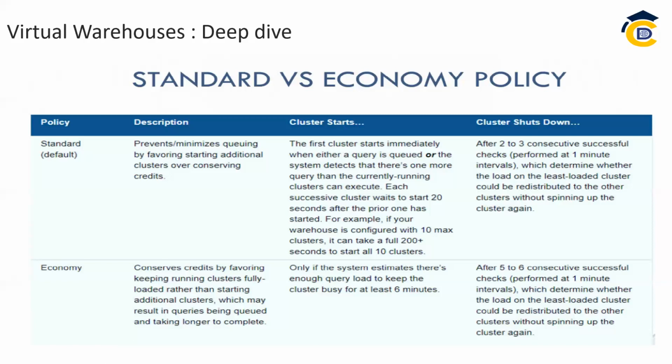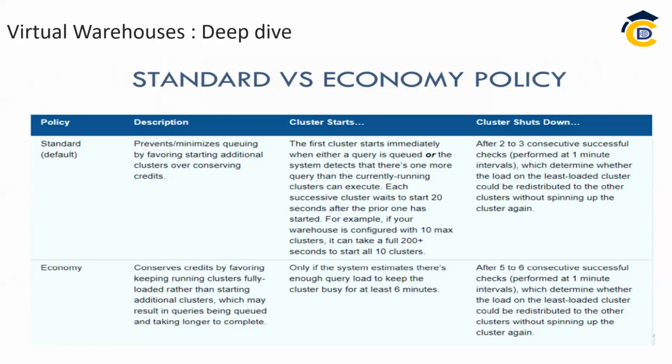Storage is not in credits; storage is either on-demand or pre-purchase in dollar amounts. But warehouse or compute resources are in terms of credits. The amount of usage you do for your warehouse consumes certain credits, and when you multiply that with the dollar amount, that is your charge, that is your bill.